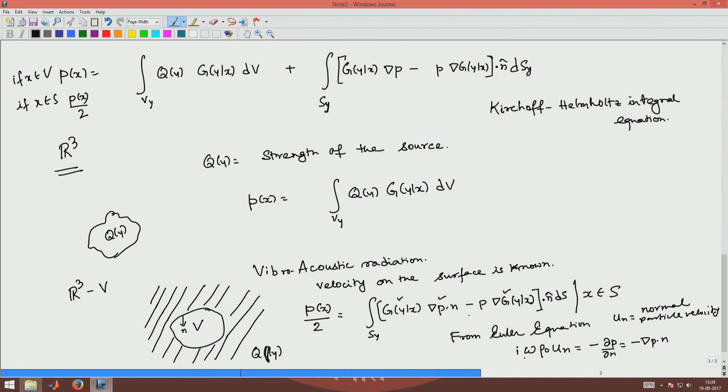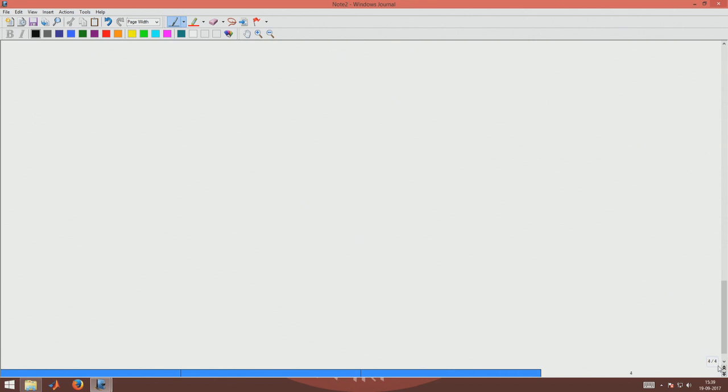Therefore, the only unknown, both in the left hand side and the right hand side, is the pressure on the surface. In this integral equation the only unknown is the surface acoustic pressure.